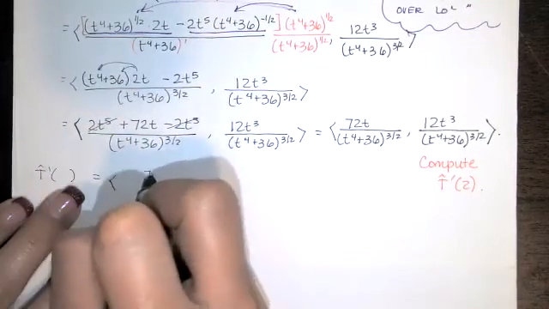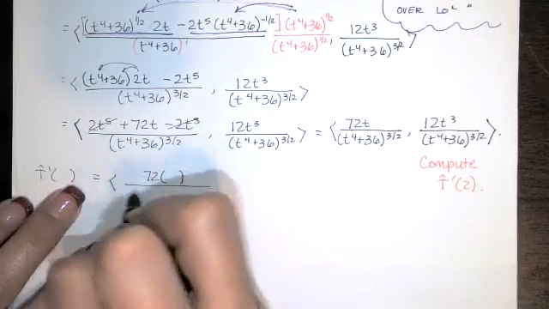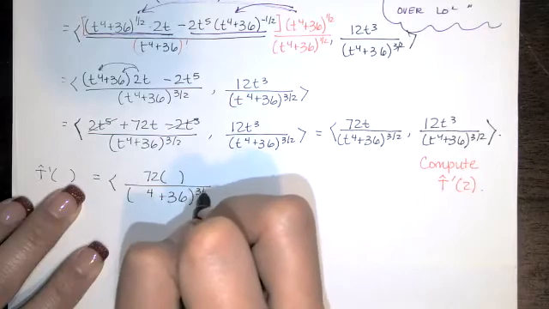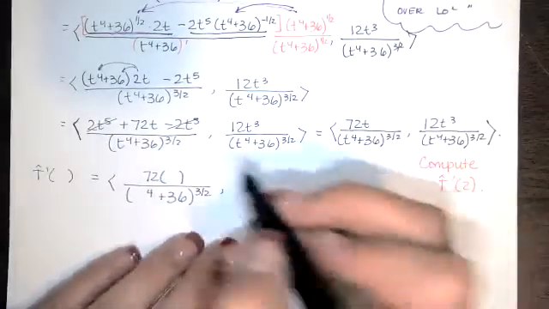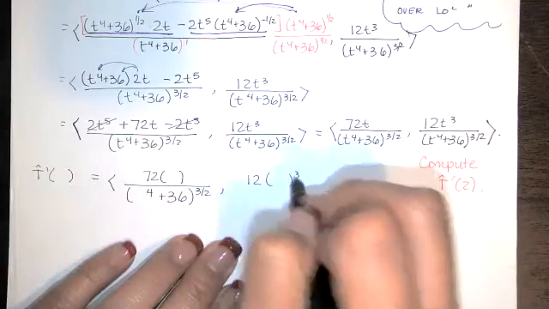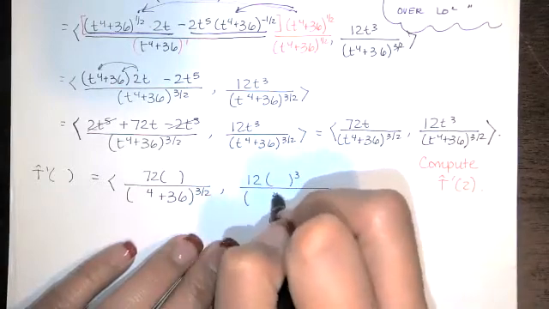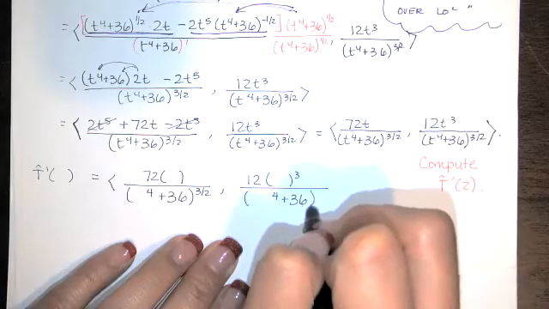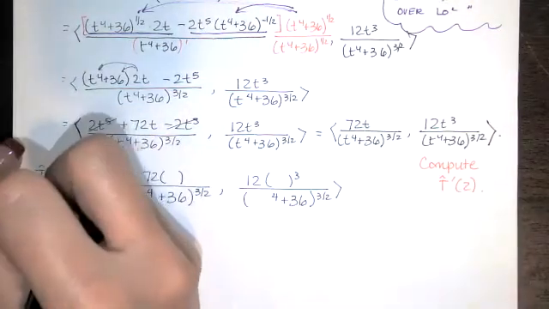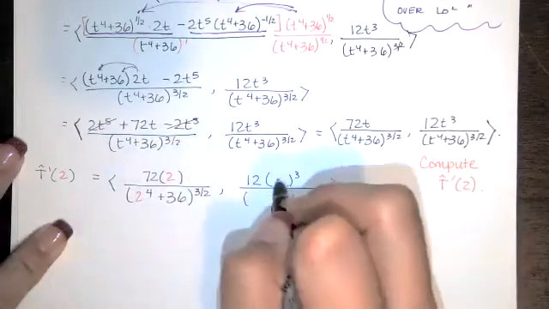So we'll have 72 times 2 over 2 to the fourth plus 36 to the 3/2. That's our x component. And then our y component is 12 times t cubed over 2 to the fourth plus 36 to the 3/2. Of course, we're replacing all the t's with 2's, and so we get this.